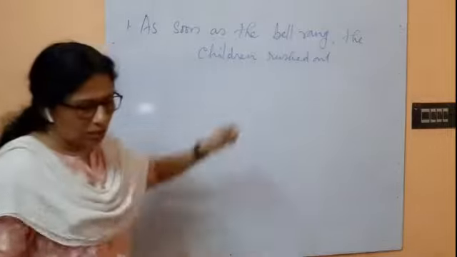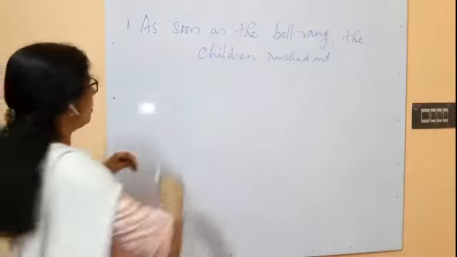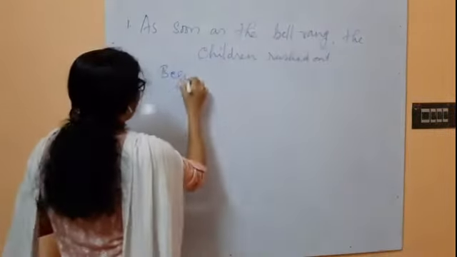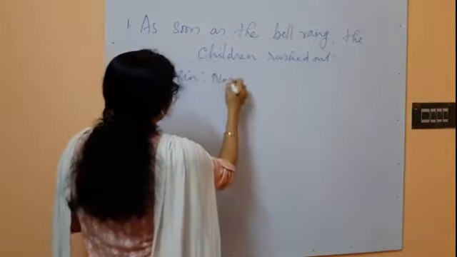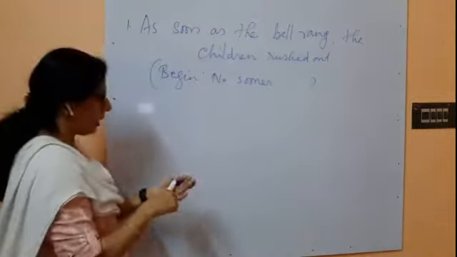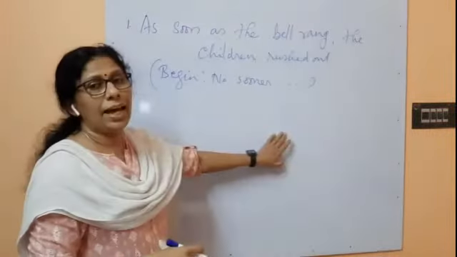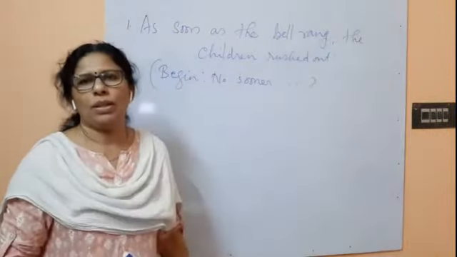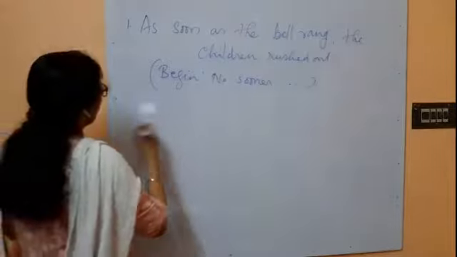And in brackets it will be given like this: no sooner. Only no sooner will be given there, and the other part is than, which you should know. Understood? So how will you combine this?